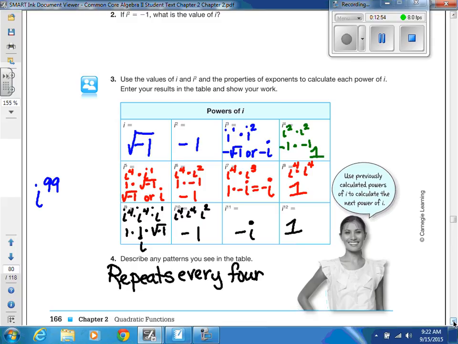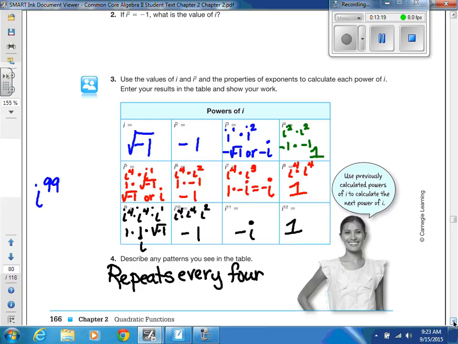Because here I had one group of 4 and 1 left over, and the answer was i. Here I had 2 groups of 4 with 1 left over, and the answer was i. One group of 4 with 2 left over, negative 1. 2 groups of 4 with 2 left over, negative 1. Is it the amount of groups of 4 that are in it, or is it the amount that's left over?